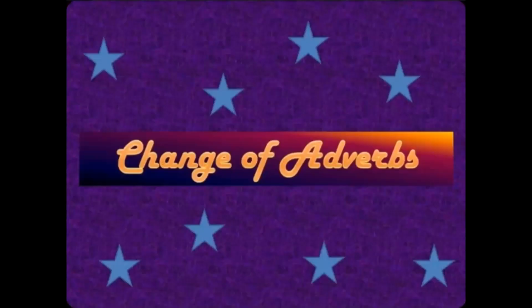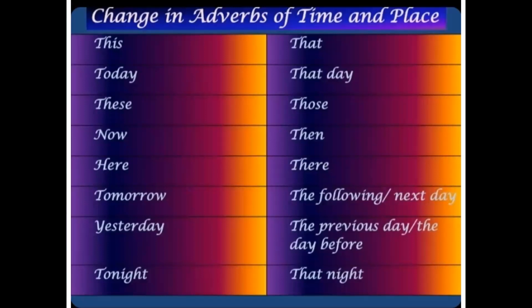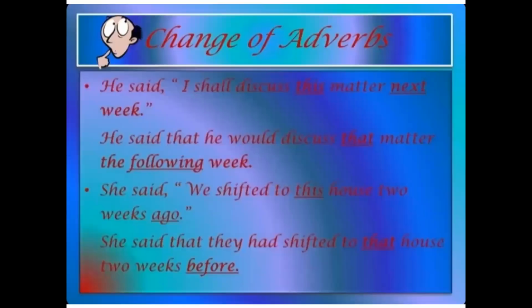Change of adverbs. Change in adverbs of time and place. This changes into that. Today changes into that day. These changes into those. Now becomes then, here becomes there, tomorrow becomes the following or next day. Yesterday becomes the previous day or the day before. Tonight changes into that night.